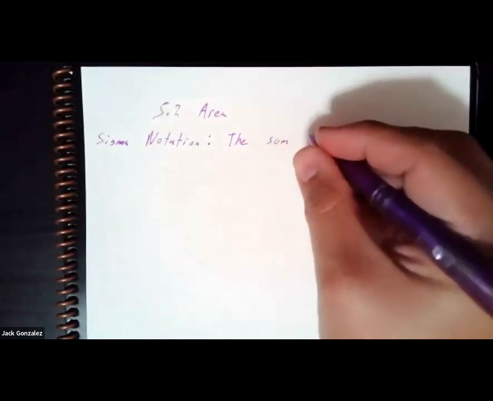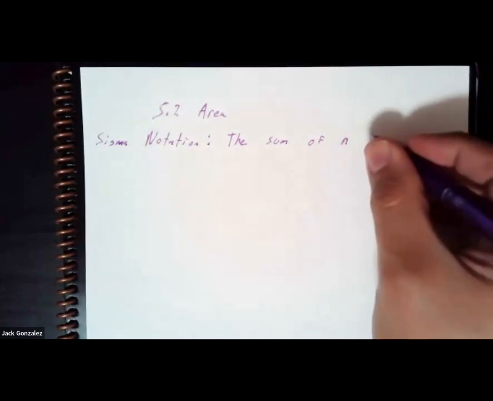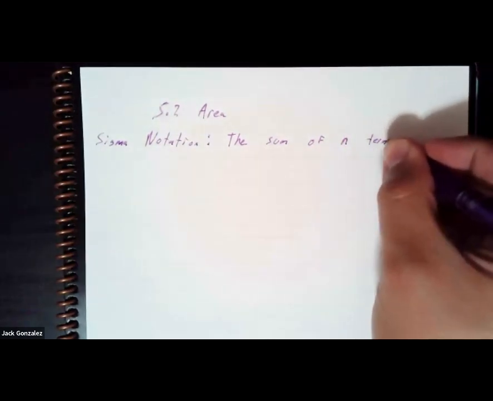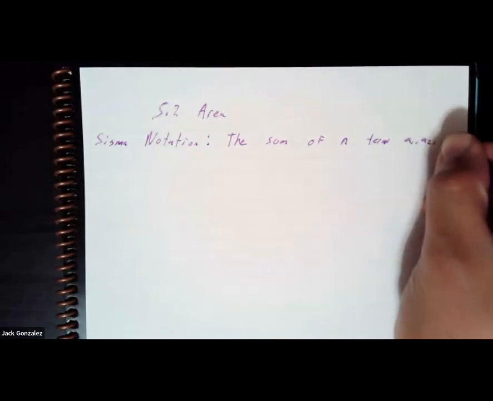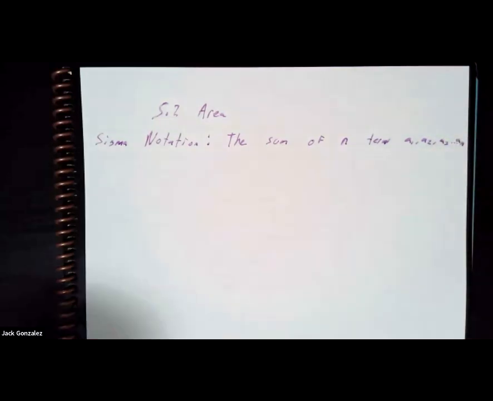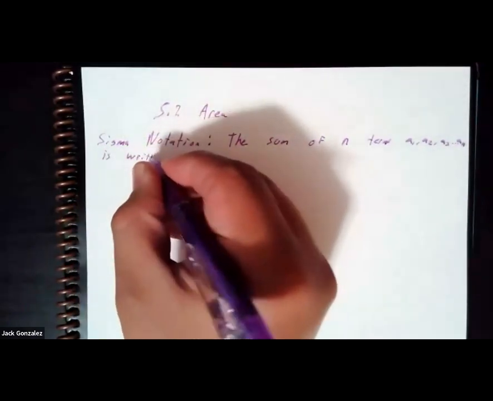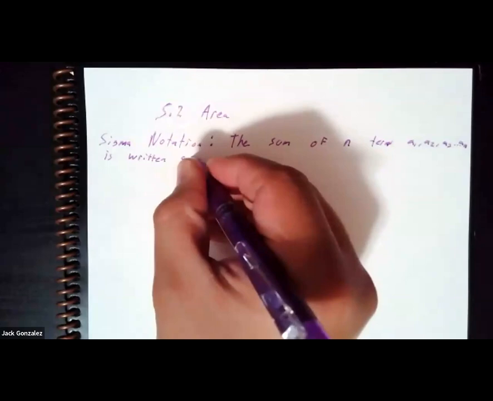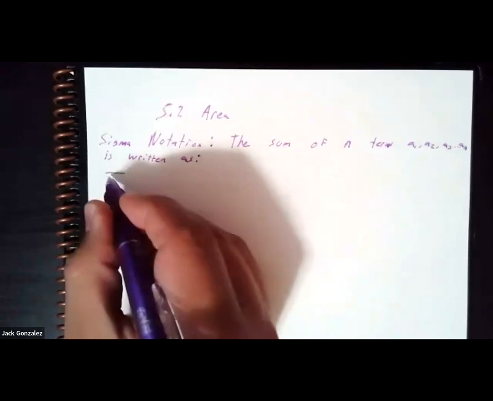The sum of n terms, let's call them A1, A2, A3, all the way till An, is written as the following.